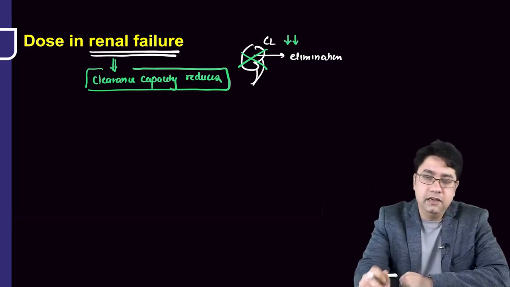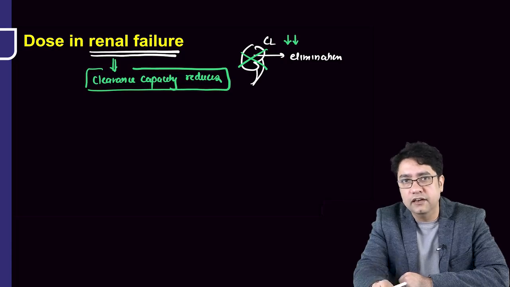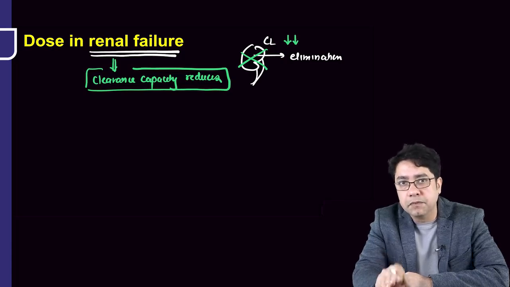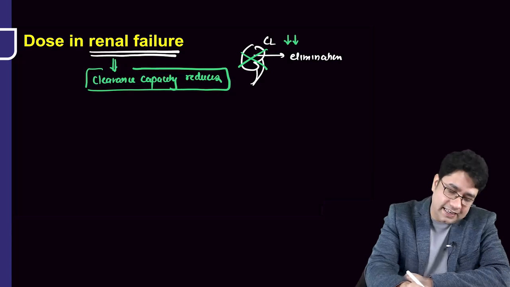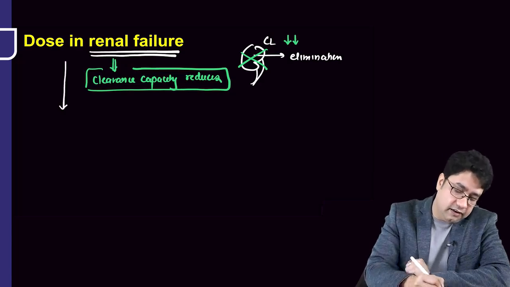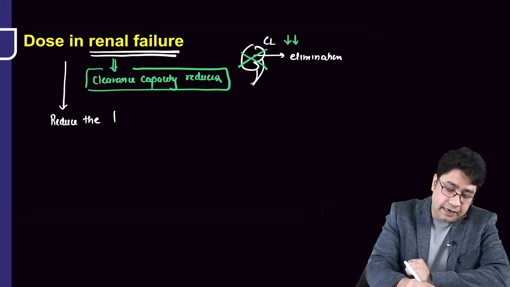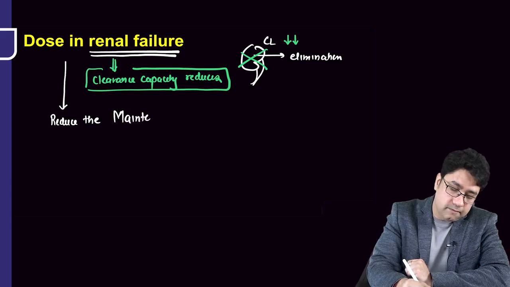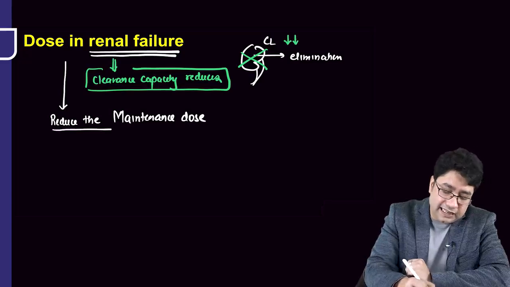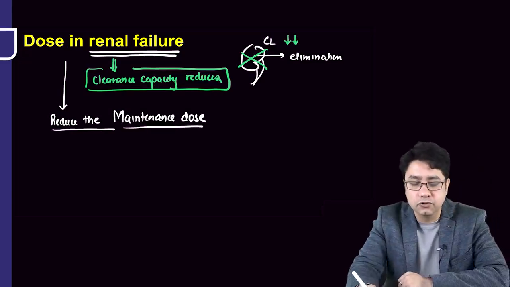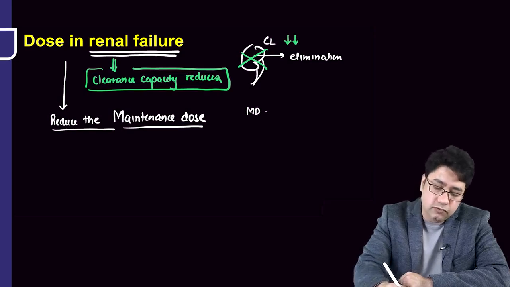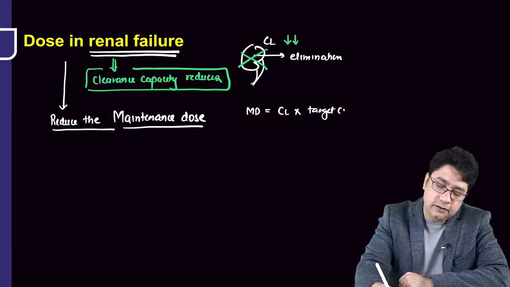So can you tell me, in case of renal failure, which dose must be reduced? Is it the loading dose or maintenance dose? Yes. In renal failure, reduce the maintenance dose of a drug. So we have to give a lesser dose as a maintenance dose because maintenance dose depends upon clearance capacity into target concentration.